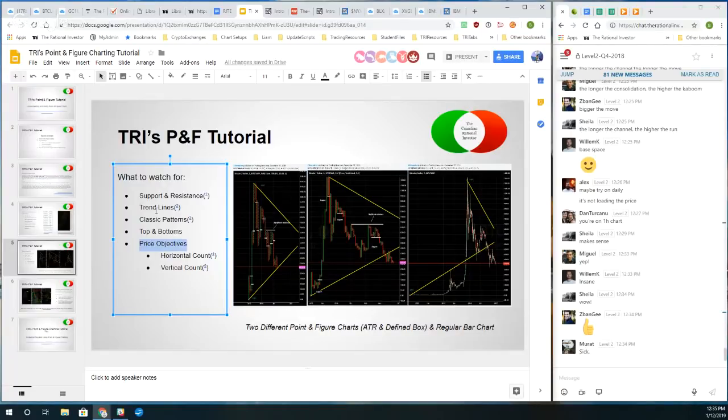It's just simply a 45-degree angle off of a key pivot high or low. And what you should see is price respect that going forward. We should think about things like head and shoulders patterns, triangles, what do markets in transition look like? And of course, double tops and double bottoms. And in fact, triple tops and triple bottoms are even more powerful here.